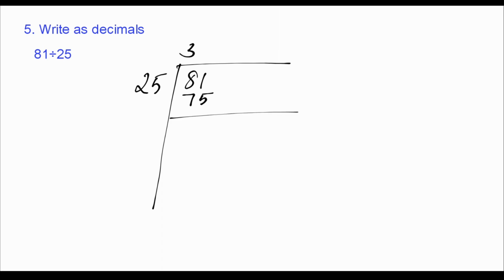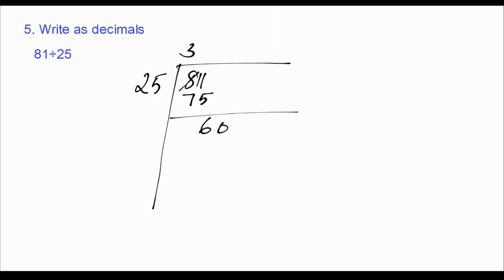Write as decimals. Fifth sum. First subdivision, 81 divided by 25. We can perform our division. So here it goes. 25, 81. 25 3s are 75. The remaining is 6, and then carrying down a 0 makes it 60.